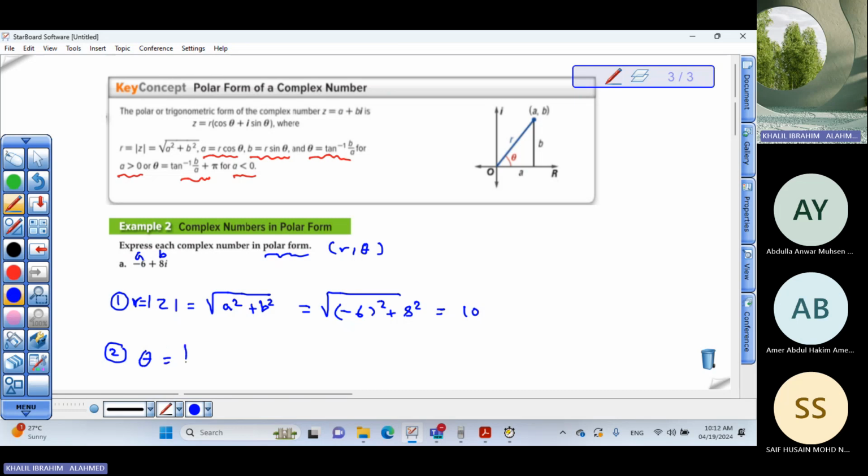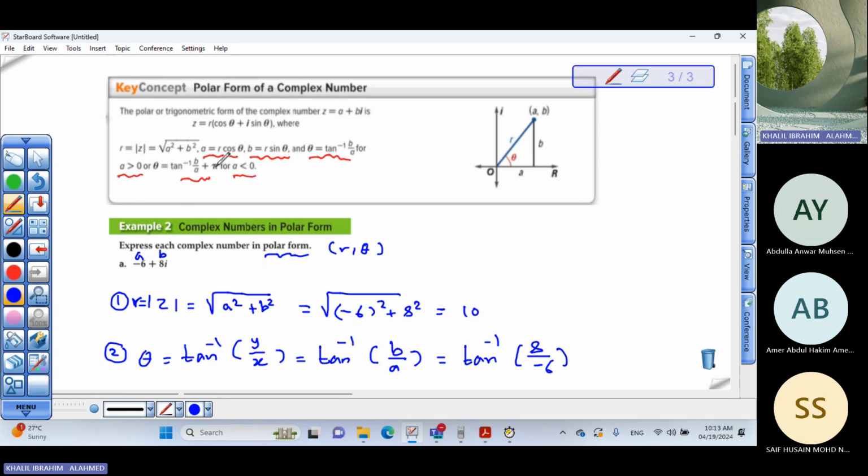Theta equals inverse tan of y over x, or in this formula, inverse tan of b over a. It's the same. So inverse tan of 8 over -6. But be careful here, a is -6, which is negative.